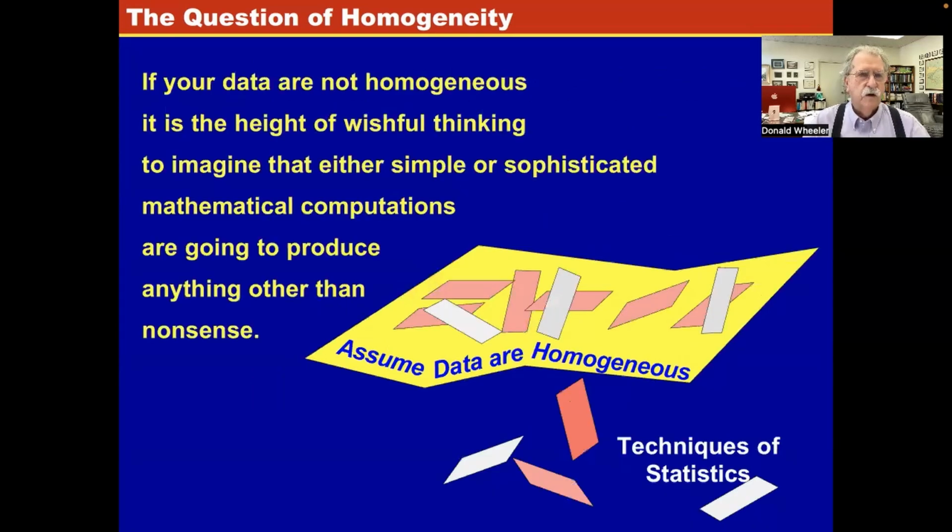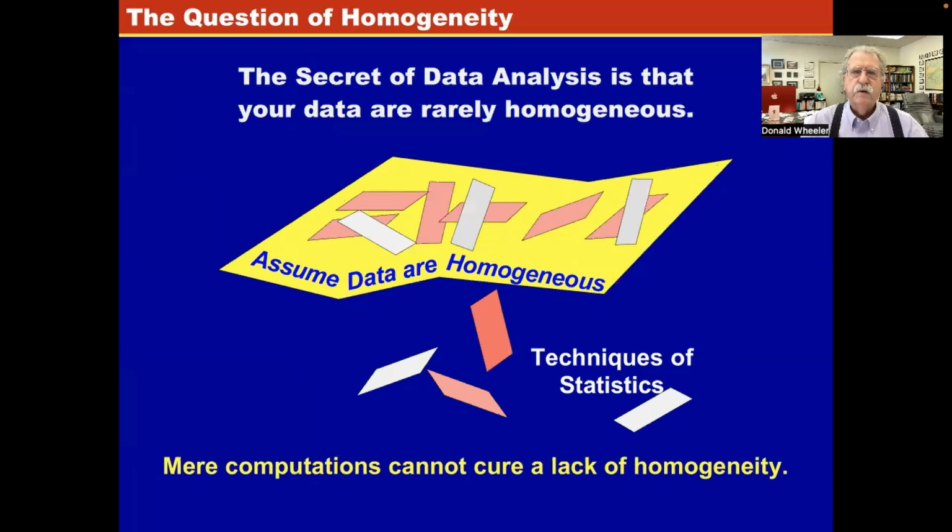So if your data are not homogeneous, it is the height of wishful thinking to imagine that either simple or sophisticated mathematical computations are going to produce anything other than nonsense. And the secret of data analysis is that your data are rarely homogeneous. Mere computations cannot cure a lack of homogeneity.